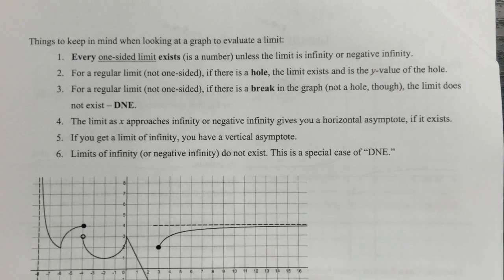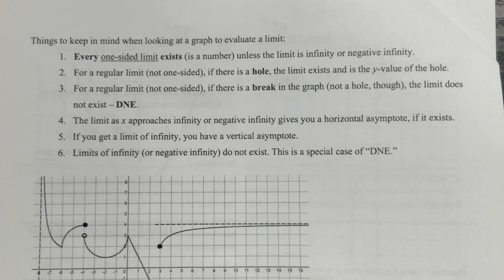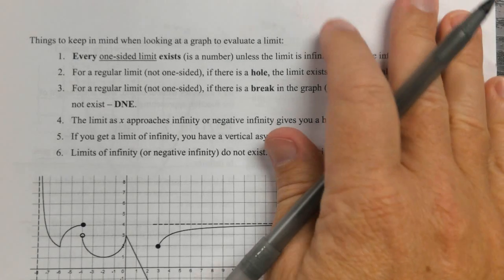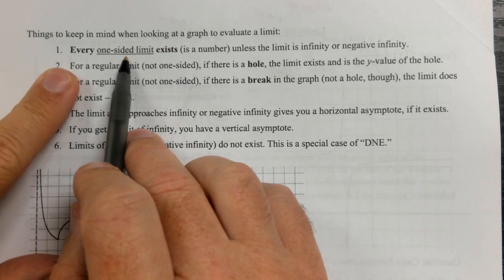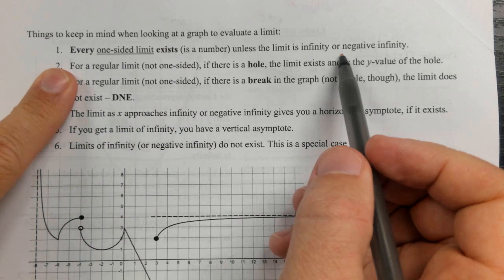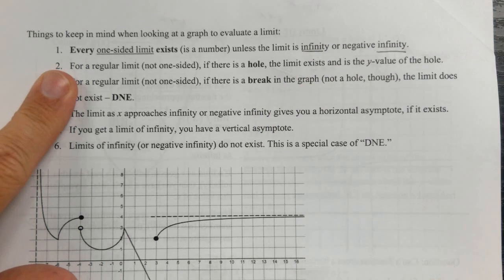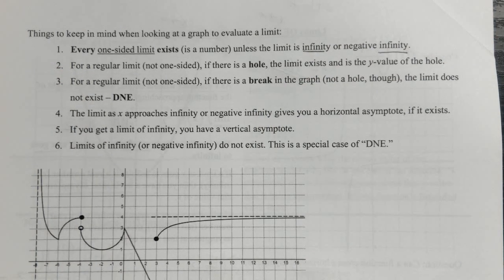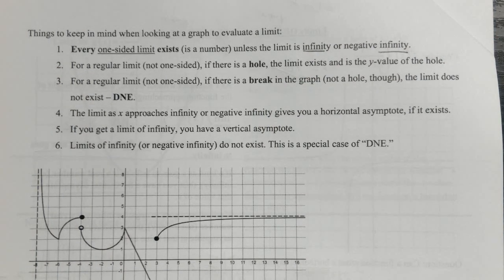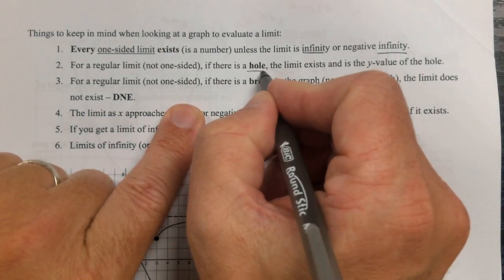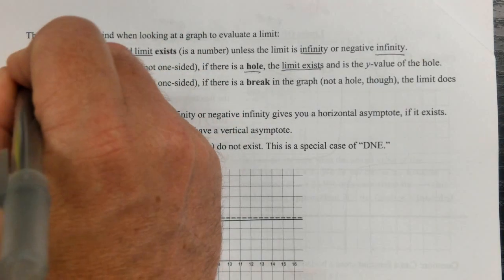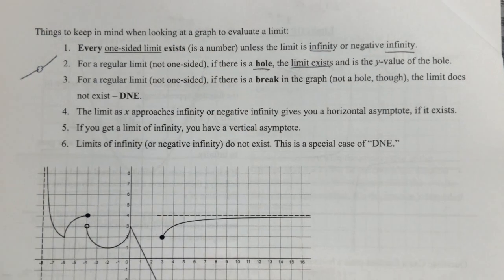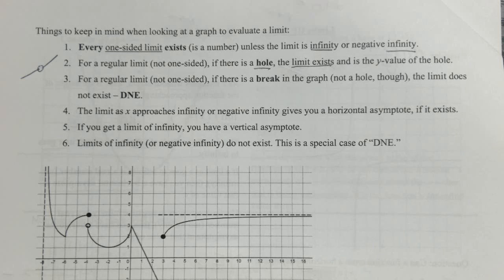Okay, we've already said everything in these 6 statements, but we're trying to just restate it to summarize what we've already done. Every one-sided limit exists unless the limit is infinity or negative infinity. For a regular limit, meaning not one-sided, if there's a hole, the limit exists, and it's the y value of the hole. We saw an example where something like that happened. You can have a limit at a hole because we don't care what's happening at the point.